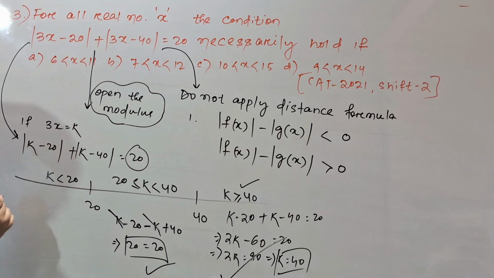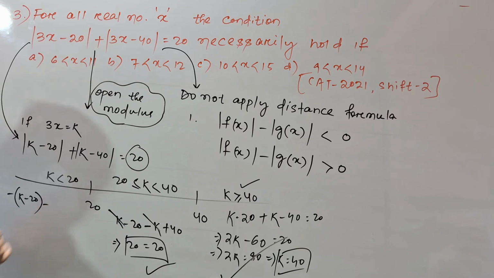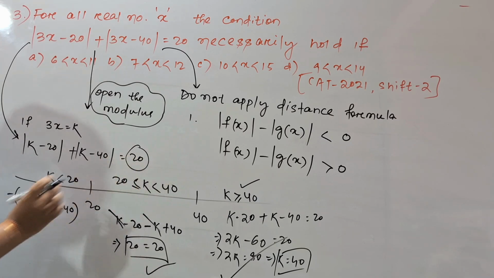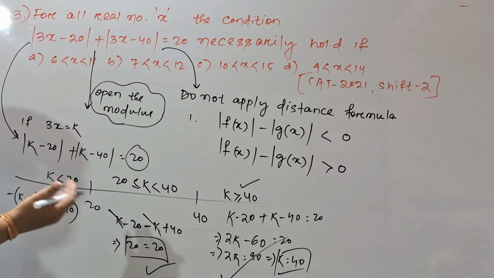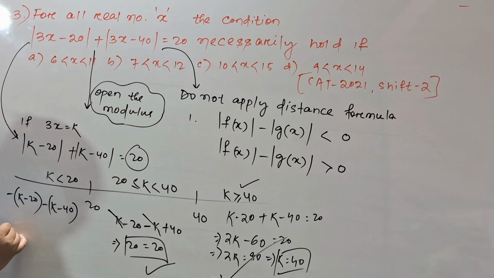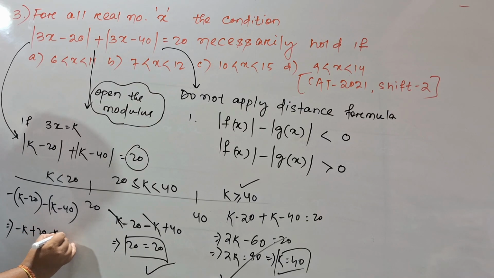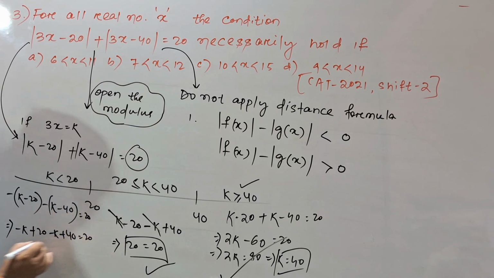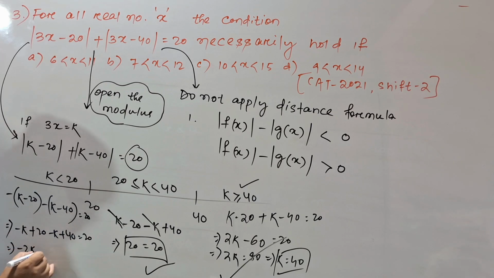Now you have to check for this one, and in this region both are negative. Both open with negative, meaning minus of k minus 20 minus of k minus 40, and right hand side 20 is there. I have to check how much I will get. I equate with 20. So this is equal to minus k plus 20 minus k plus 40, and right hand side it is 20. So can LHS be equal to RHS? Just check, this is minus 2k plus 60 equal to 20.